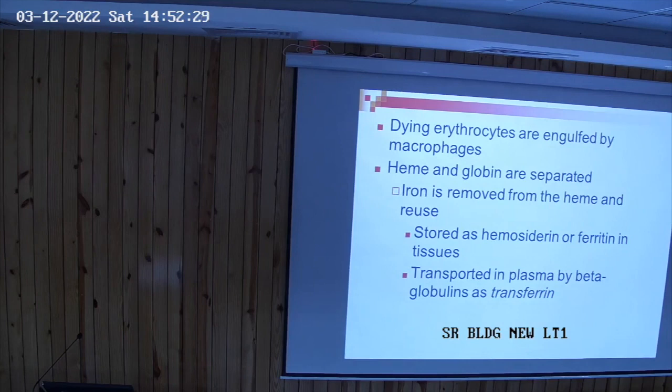Okay, they are engulfed by macrophages. Heme and globin are separated. Iron is removed from the heme and reused, stored as hemosiderin or ferritin. What was the difference between hemosiderin and ferritin? The iron content in hemosiderin is more. Hemosiderin has more concentration of iron. Transported in plasma by beta globulin as transferrin.